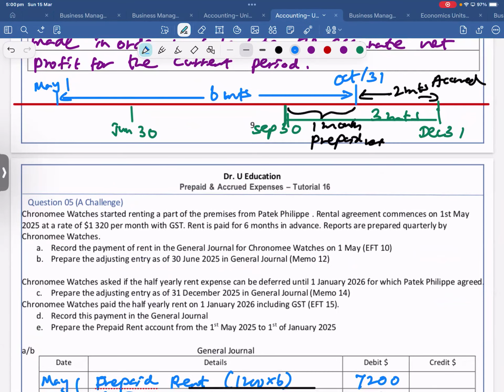Okay, guys, are you done? How often do they prepare the reports?